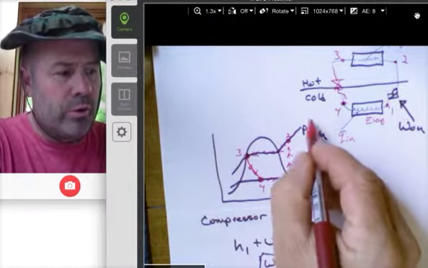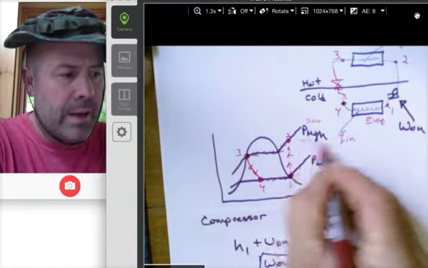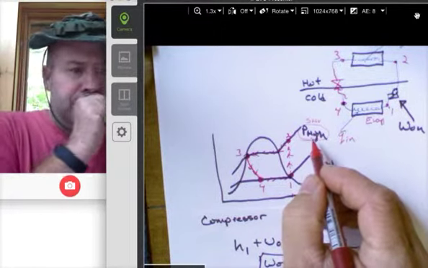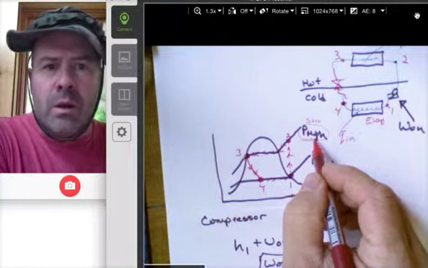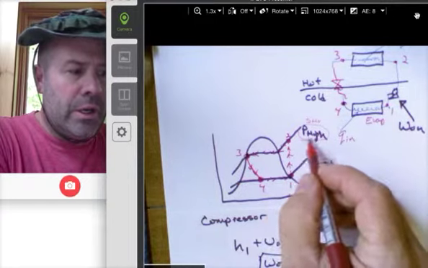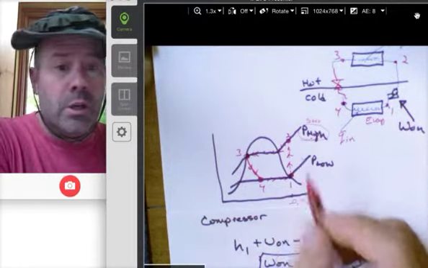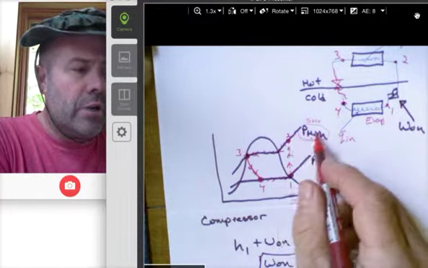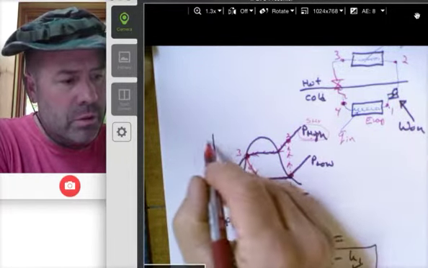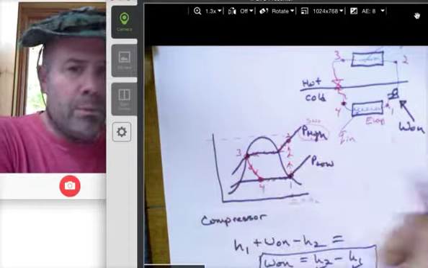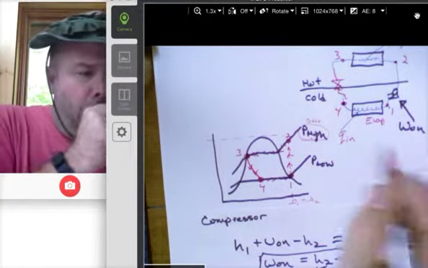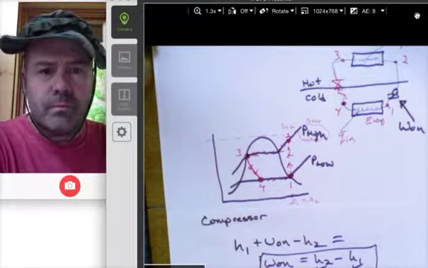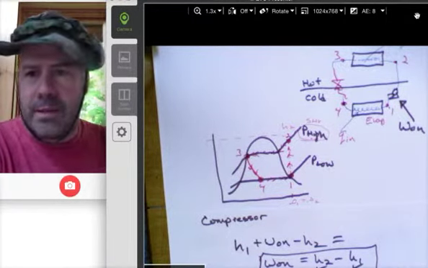So if I go to the superheated vapor table at my high pressure, which would be given, I can interpolate on that table with this S until I find the temperature. But more importantly, I can find H2. All right, and that's the compressor.